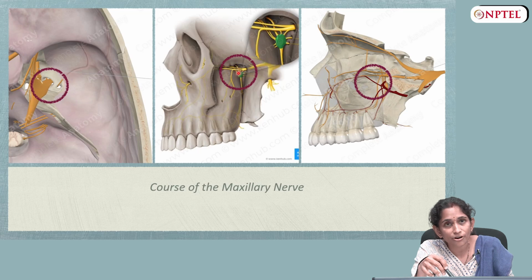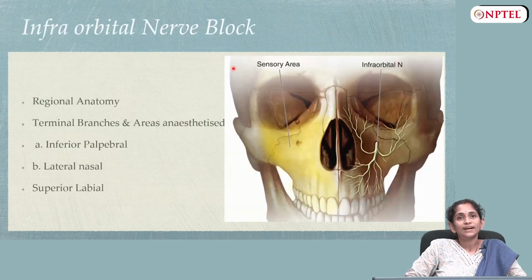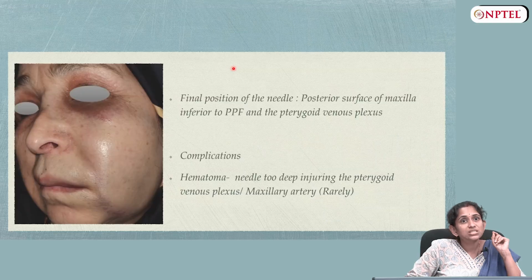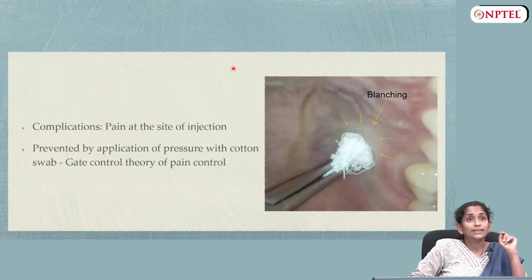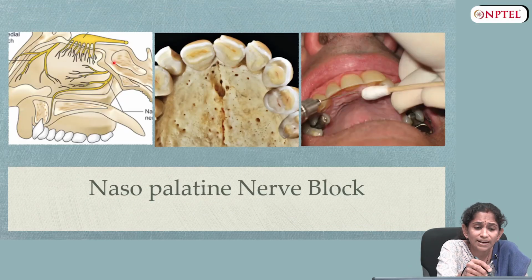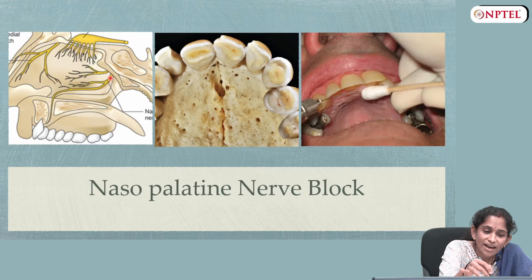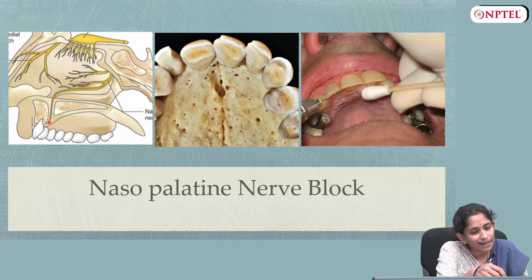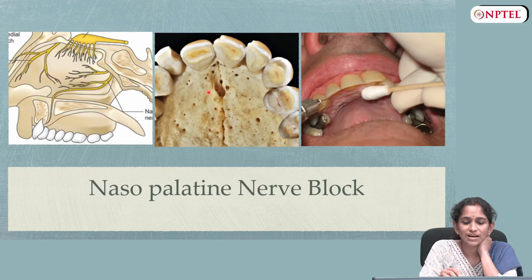It has a small foramen in it, that is the spinopalatine foramen, and it is through the spinopalatine foramen that the nasopalatine nerve enters the nasal cavity, travels in the floor of the nasal cavity, then enters the nasopalatine canal, which is a canal in the anterior palate, and comes out onto the surface through the nasopalatine foramen.